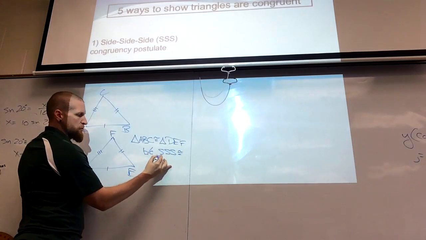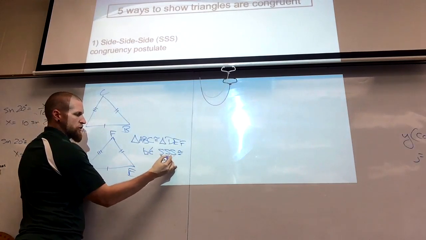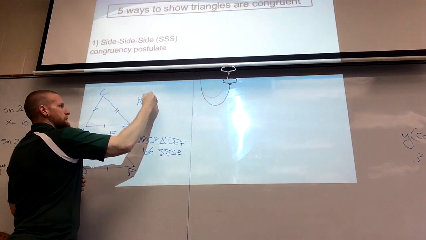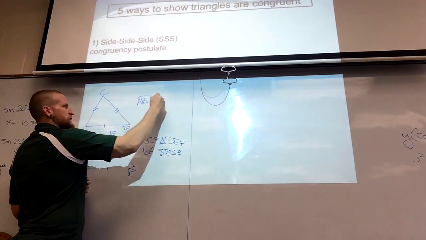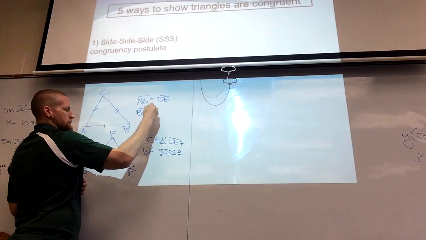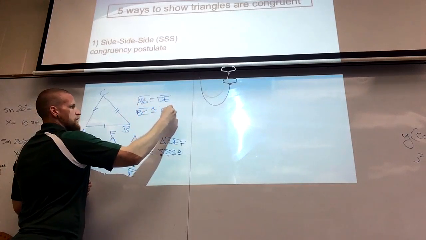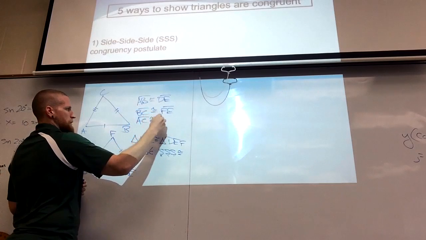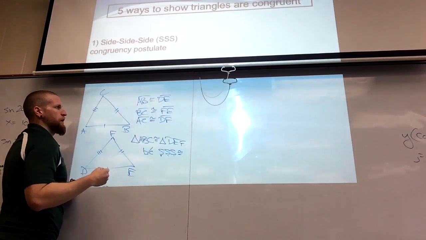So this is basically saying when they have 3 S's, 3 sides, you've got 3 pairs of corresponding sides, which you do. I've got AB being congruent to DE. I've got BC being congruent to FE. And I've got AC being congruent to DF.